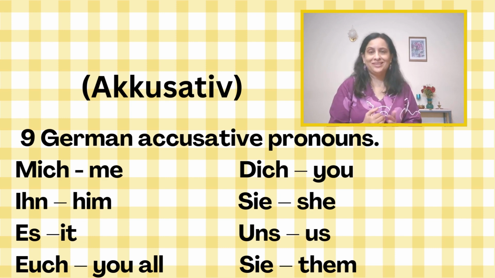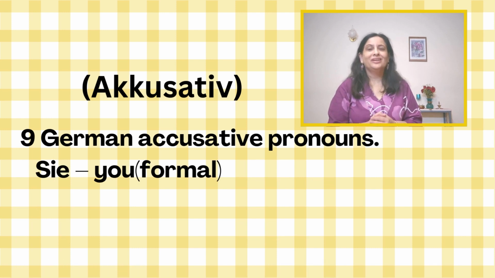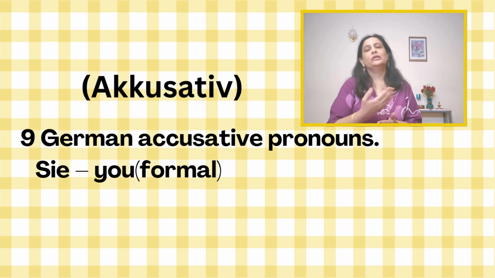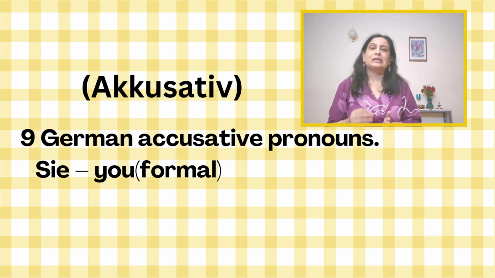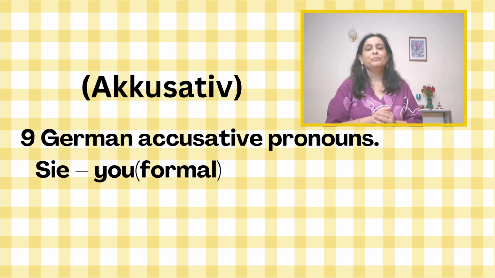Then comes uns, which is us. Euch is you all. Then sie is them. And this is formal you, it can be sie only. So for them and formal you, it will be sie only. So these are the pronouns which can be used in the accusative case.